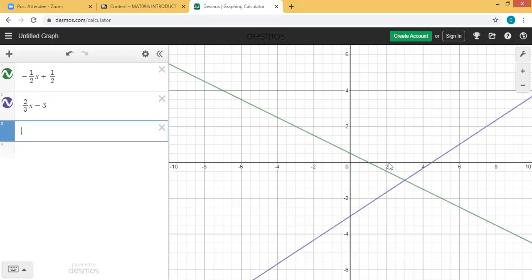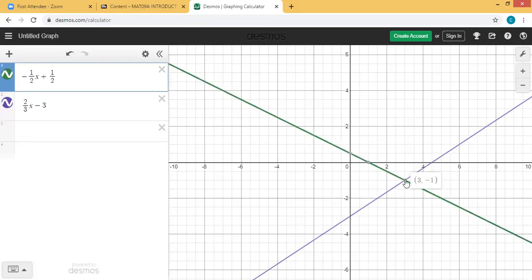Now just go over to the graph and click, and it's going to give you that point of intersection. So the point of intersection is 3, negative 1. Makes me feel better about my algebra.